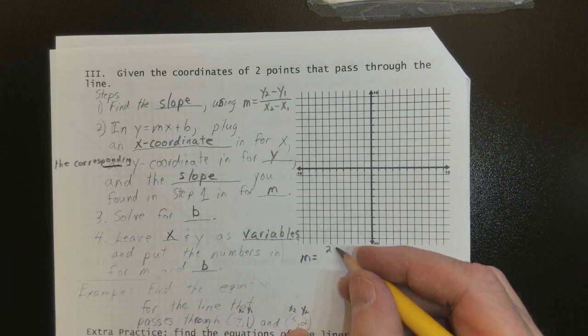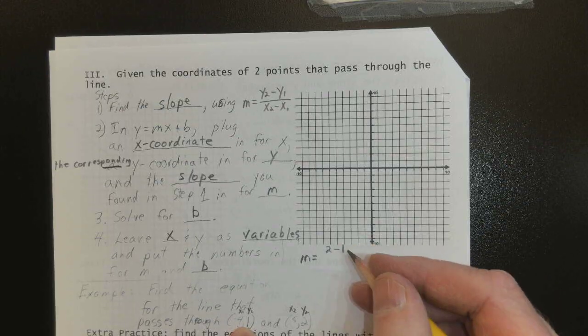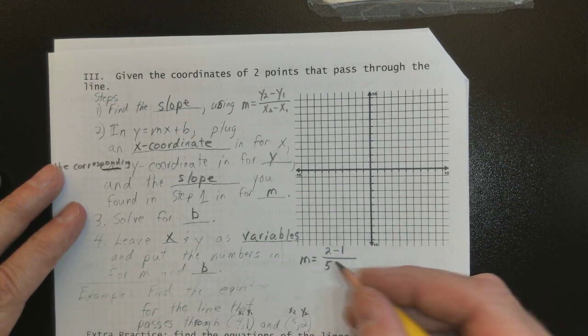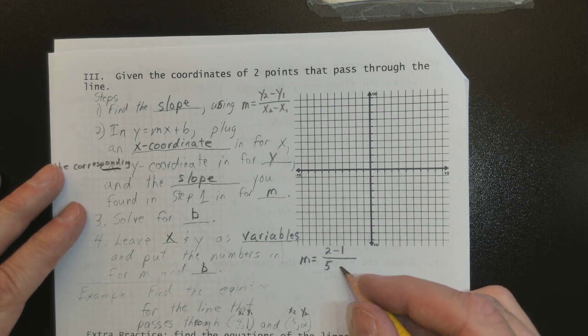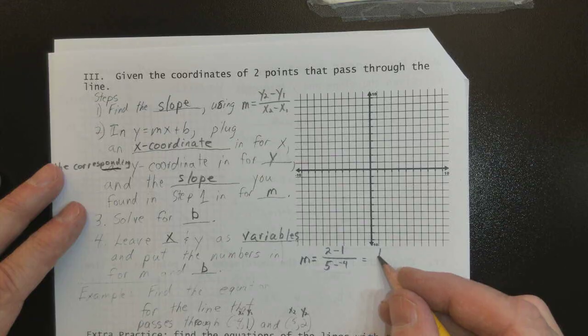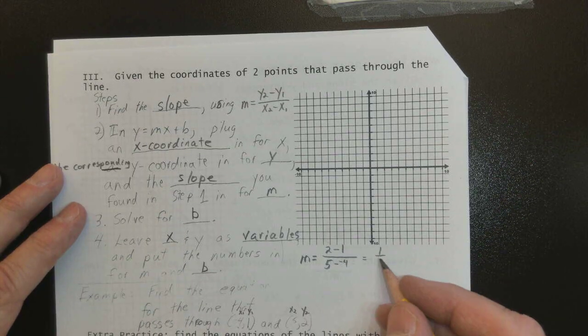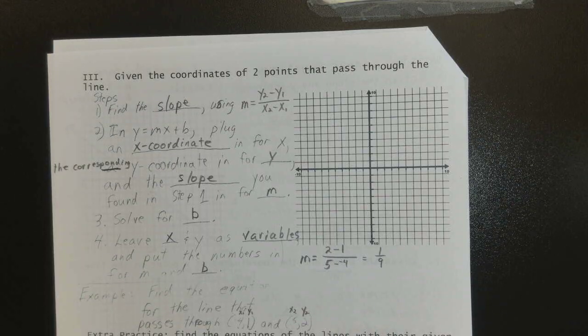So I'm going to y sub 2 minus y sub 1 over x sub 2, 5, minus x sub 1, which is negative 4. So this is 1. This is 5 plus 4, right? Yes, Lily. In a minute. Yep. So m is 1/9.